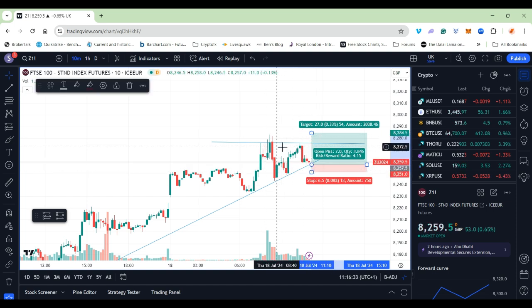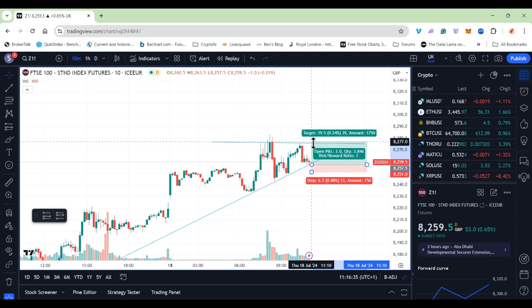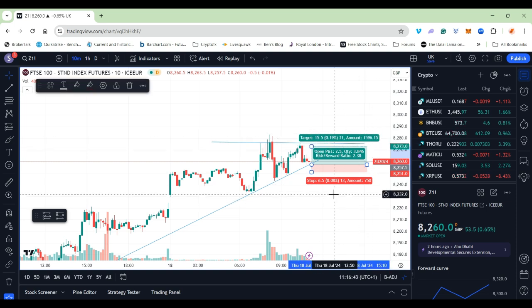And then our target would be to either reach this level where it's failed to close above or break it. For me, I just think we're going to drift up there again. Okay, so it's kind of a small trade. Just a quick idea. Trading off this trend line, buying it, which is our middle line, and if it goes wrong, we're going to stop out just below.